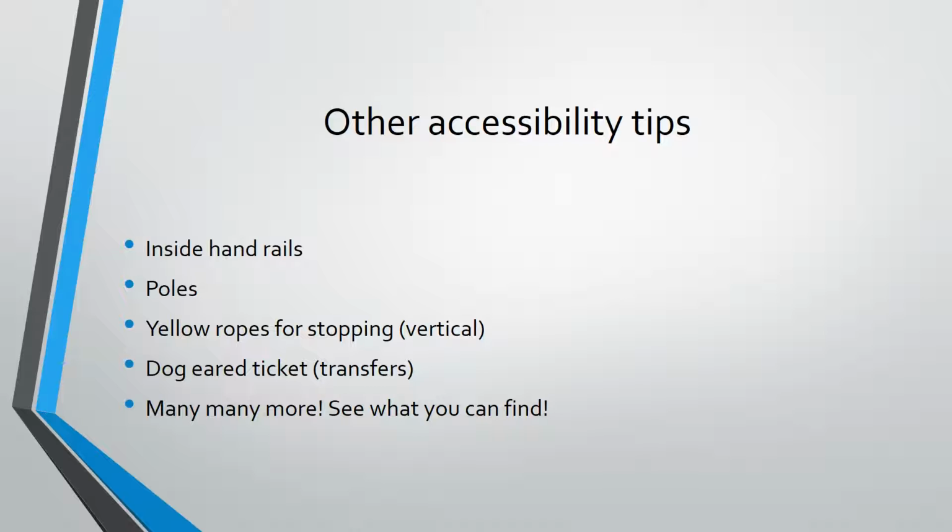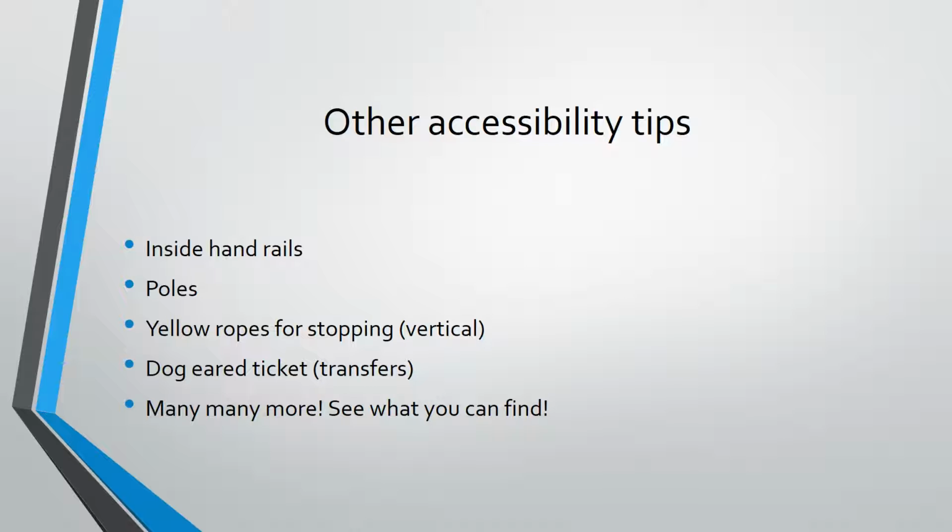Also, if you get a transfer ticket, at least here in Bismarck, I'm not sure about Billings, the corner is dog-eared, meaning that it's just cut off. It's not a sharp edge. And I was told the reason for that is people who are visually impaired have to put the ticket in a certain way into the slot, like the change, that kind of thing.